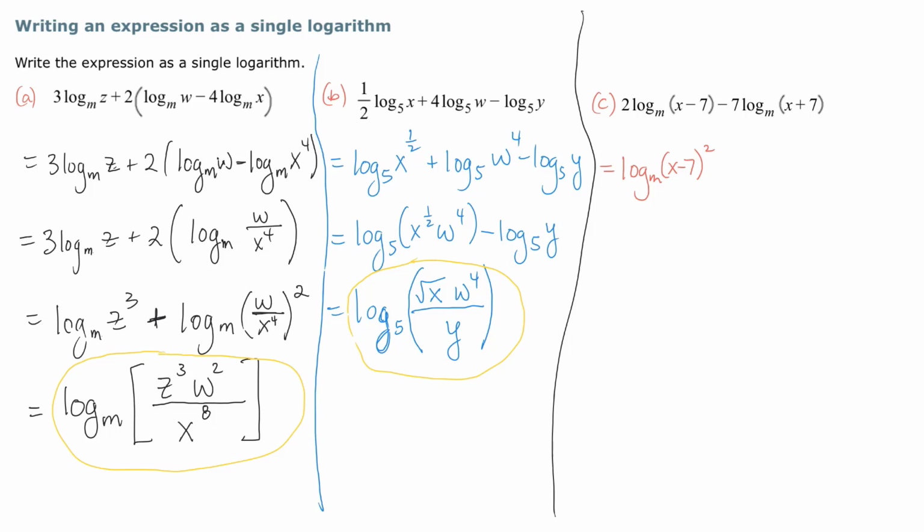The argument here is actually x minus 7, minus log base m of x plus 7 and then raise it to the 7th power. Now we have common logs because they have common bases. And now we're going to use one more log property to get this into a single logarithm. Log base m, and then we have a bracket here, x minus 7 raised to the 2nd power over x plus 7 raised to the 7th power, and we're done.